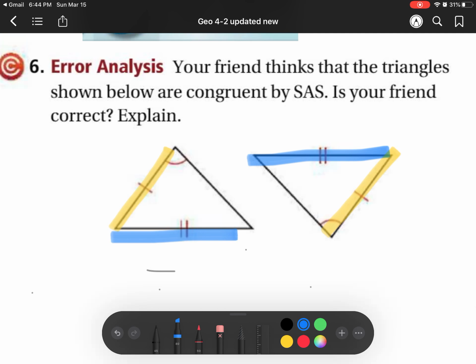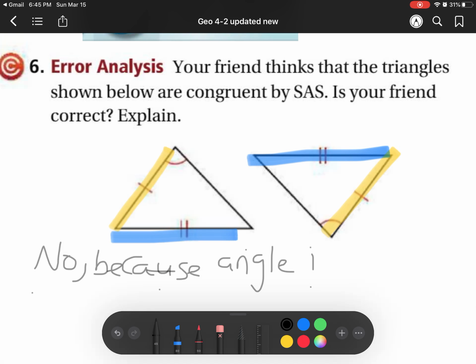We need to make sure the angle here is not given between them. So, is your friend correct? No, because the angle is not included.